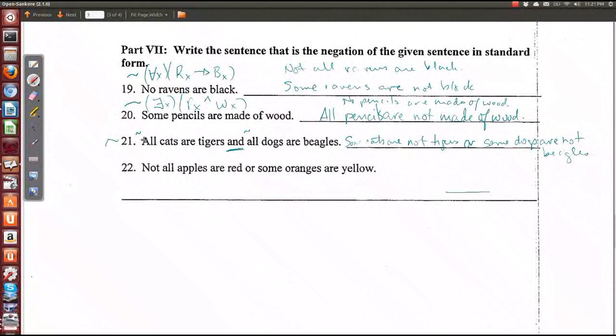So the negation of a conjunction gives me a disjunction.